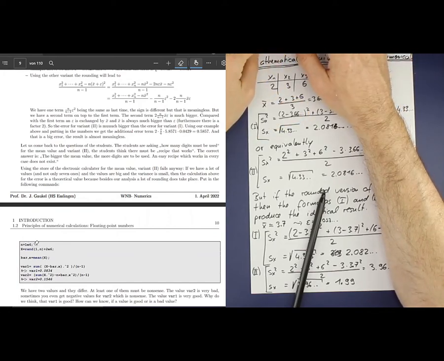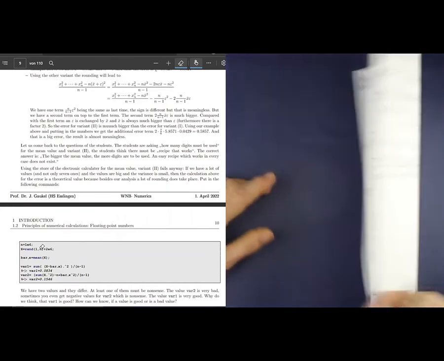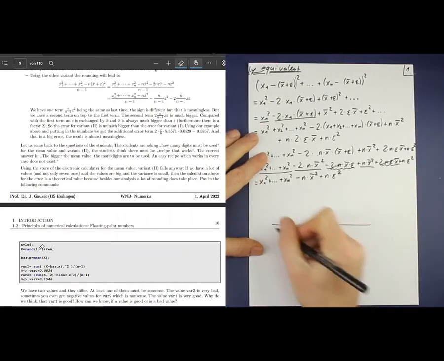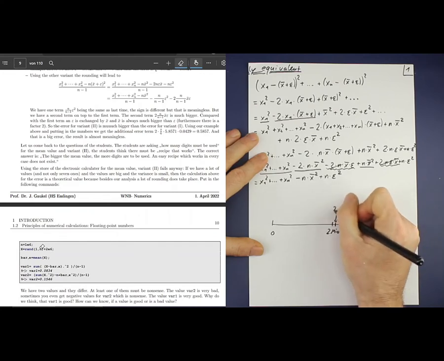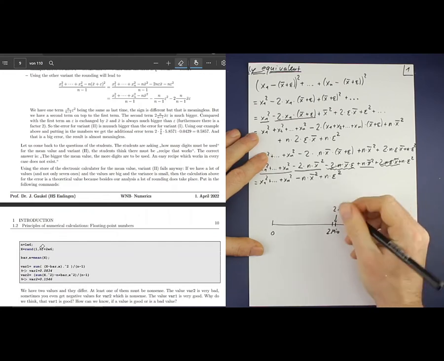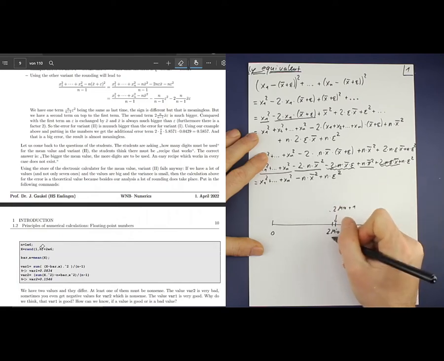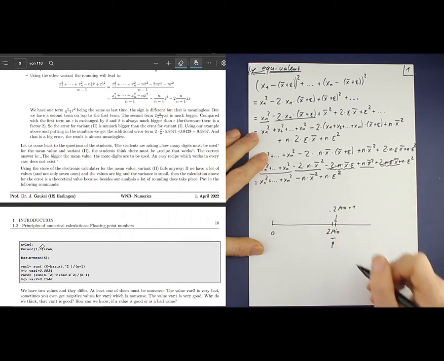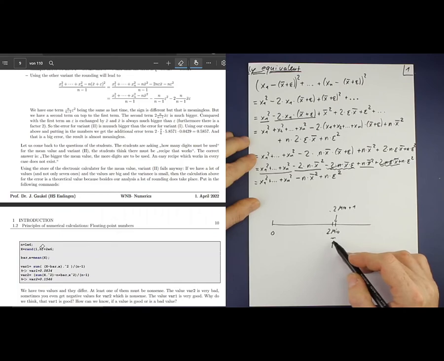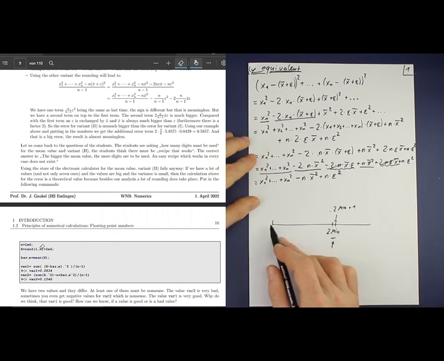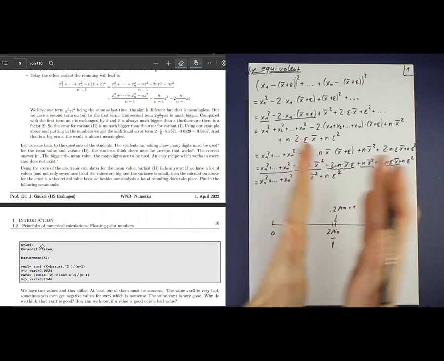So we have 1 million numbers which are very close together. We have the following situation. Here is the 0. Here is the 2 million, and here is the 2 million plus 1. And all the values are in this interval. And we have 1 million of them. And this is a really bad situation: having values far away from 0 and then very close together.